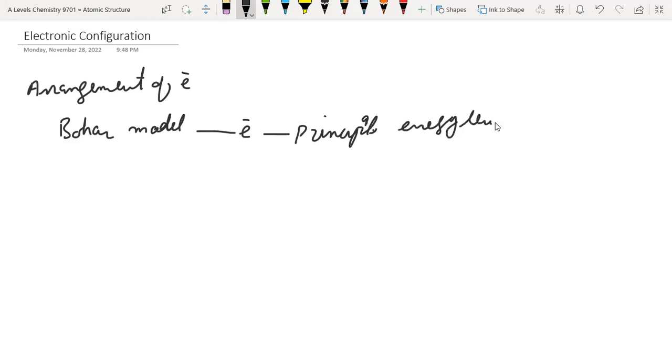Energy levels are represented by n. If n is equal to 1, then the energy level would be K. If n is equal to 2, then the energy level would be L. So on, if n is 3, then it would be M, N, and so on.